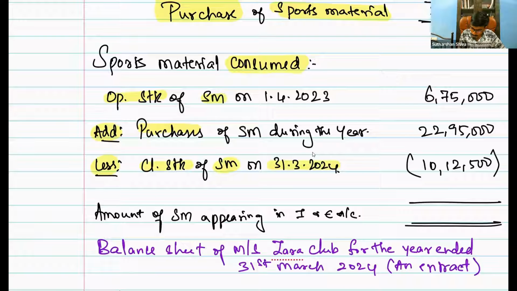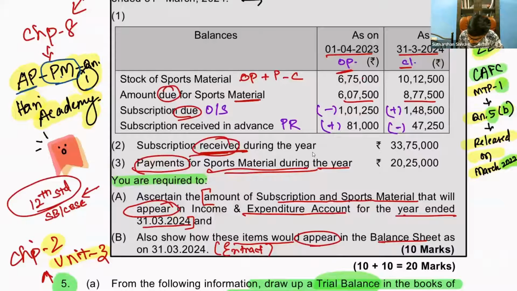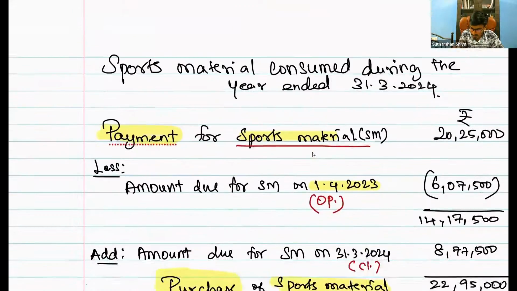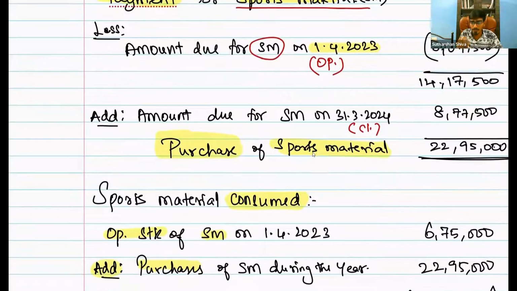Here, if you note down, this is an outstanding value, amount due for sports material, which I need to take. The total payment which I make, less amount due for sports material on 1/4, that is opening, I will subtract, and add amount due for sports material for closing, to arrive at the purchase of sports material that has happened.